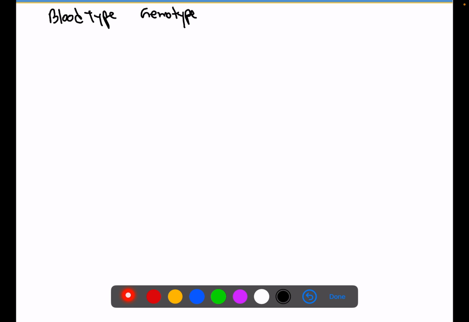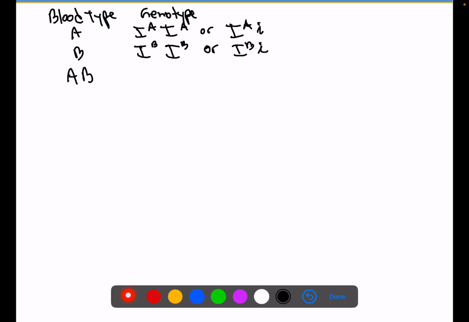So you can be blood type A, in which case your genotype can be homozygous for A, or you can be heterozygous for A. Your blood type B, you can be homozygous for B, or you can be heterozygous for B. You can be blood type AB, in which case you would have one of each. That's the only way to be AB. Or you could be blood type O, in which case you're little i, meaning that you're not producing any sugar on the surface of your cells.